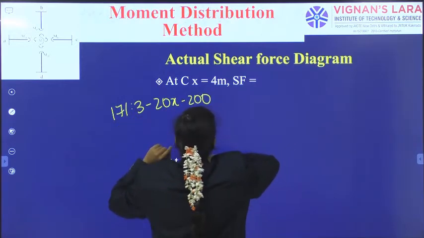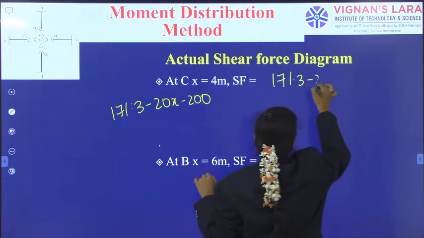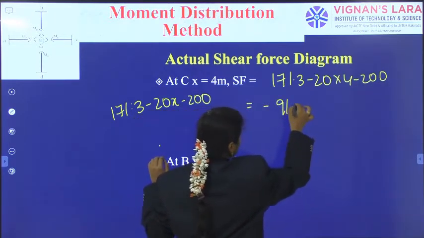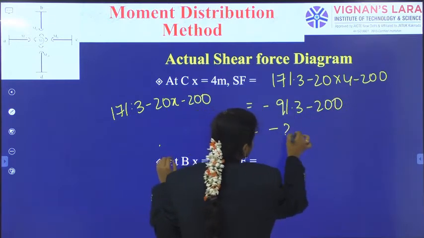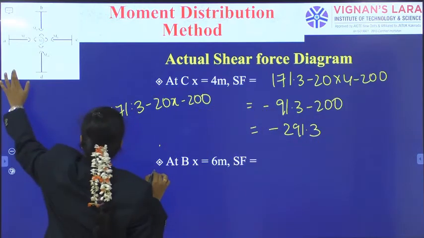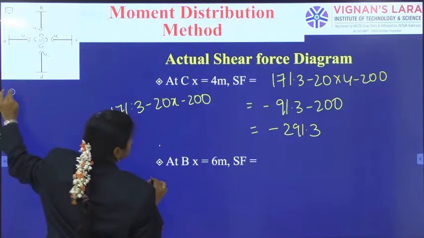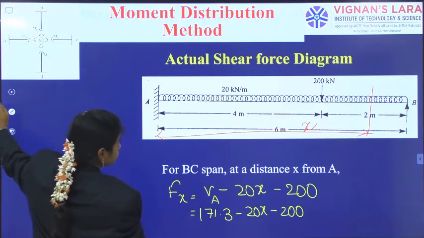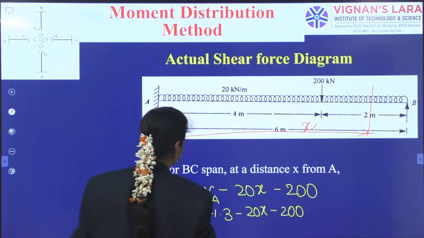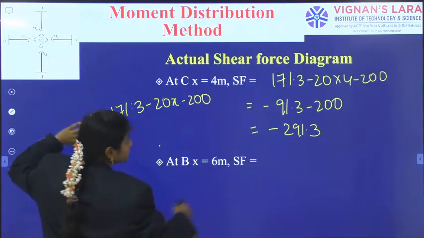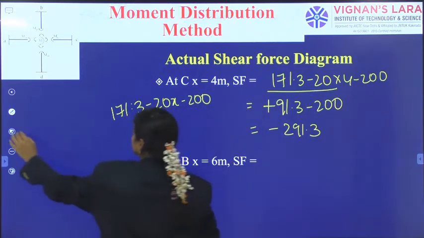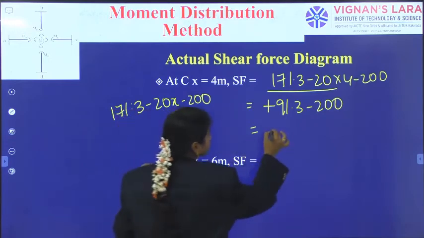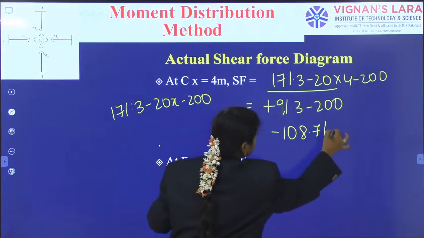So once you substitute x is equal to 4, 171.3 minus 20 into 4 minus 200, which is equal to, from the previous step, 91.3 minus 200, which is minus 108.7 kilonewtons.